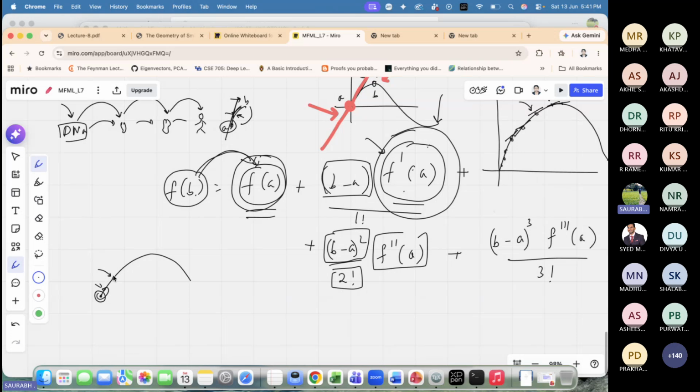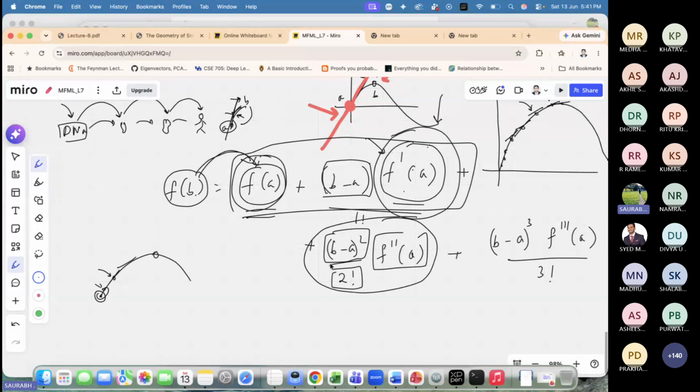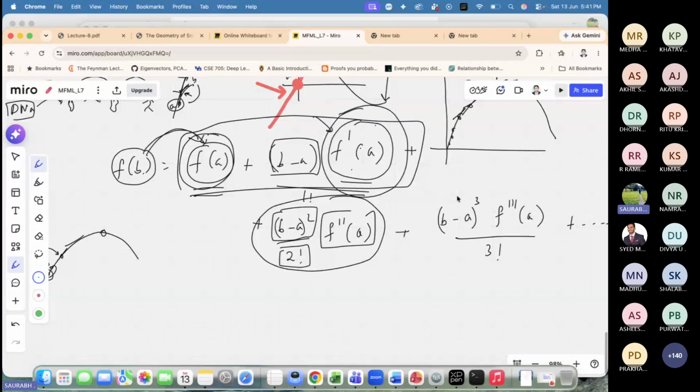You can approximate using these two terms easily. But if you go to this point, you will also have to understand how the slope changes, so you'll have to add the third term here as well. Then if you go farther from point a, you'll have to add the fourth term as well, and so on.